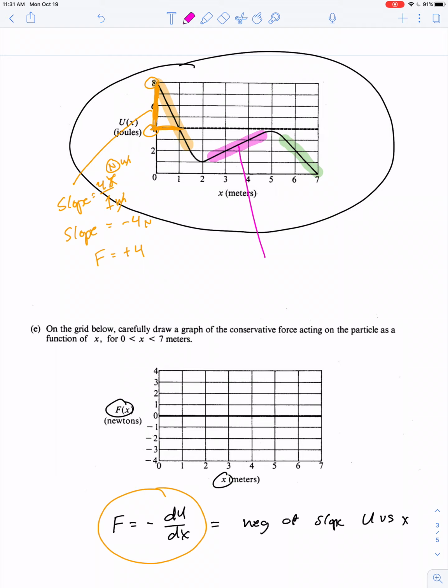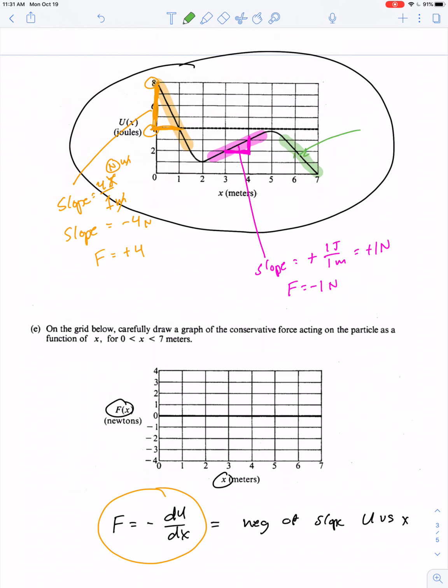Let's find the slope of this line segment. We can look just here. So in calculating that slope, we get positive 1 joule divided by 1 meter, or positive 1 newton, which means the force is negative 1 newton.